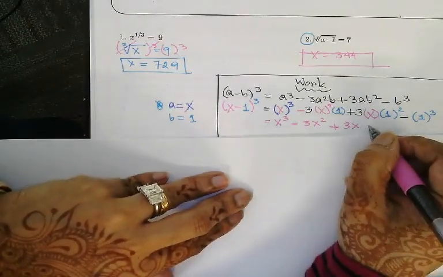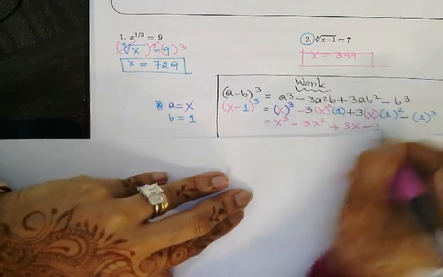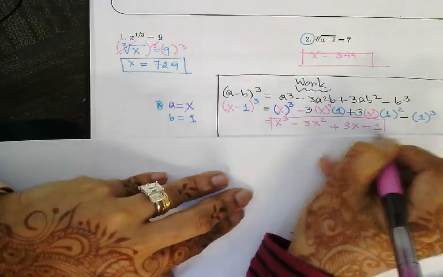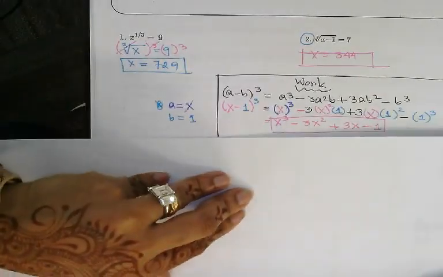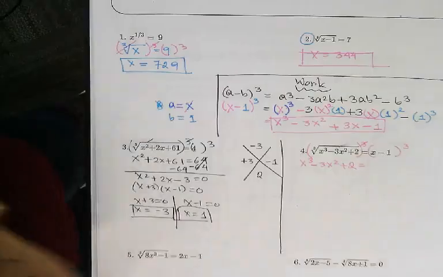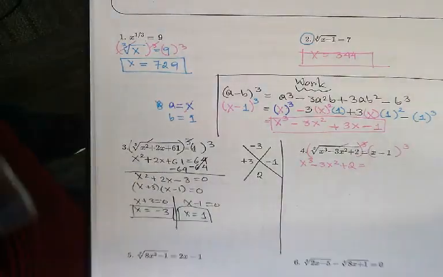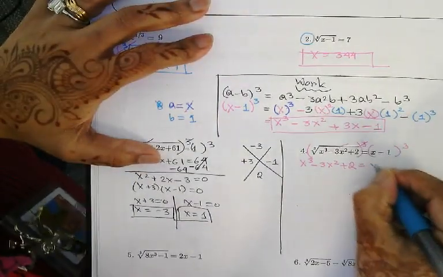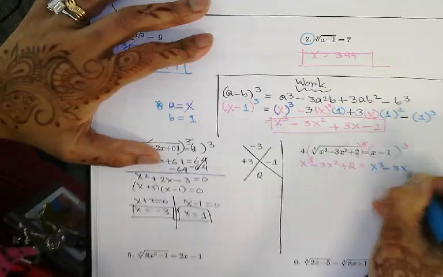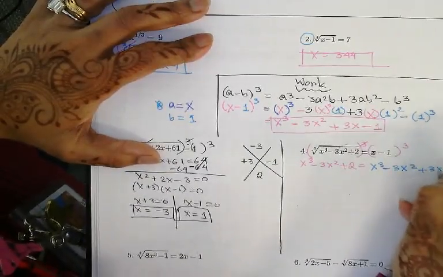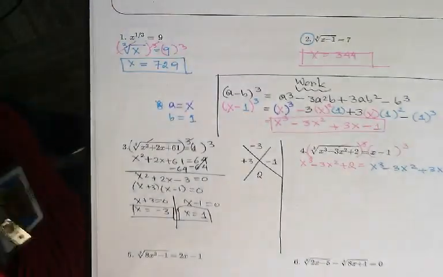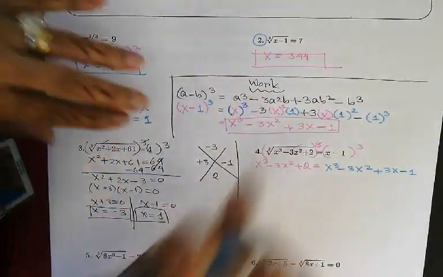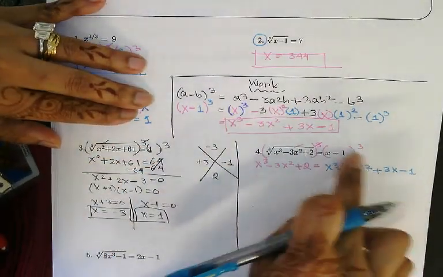And the last one is going to be -1. That's the value. We're going to plug it in over here. Whatever you calculated, I just plugged it in over here in this place.